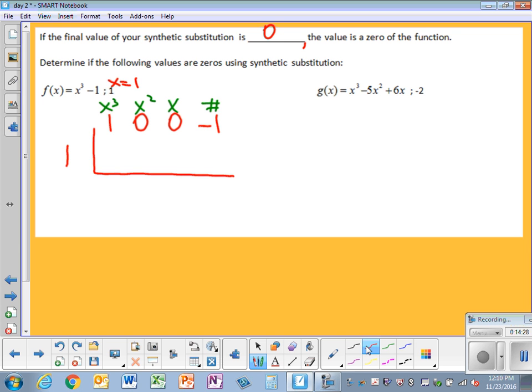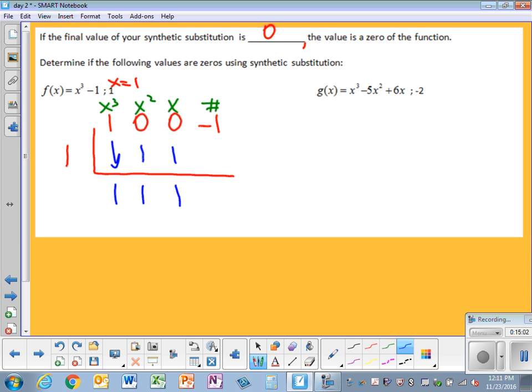Okay, so the 1 goes down, just copy the first coefficient. Now I go by diagonal. The number below the line multiplied by my x. 1 times 1 is 1. I add the numbers top and bottom in the same column. So 0 plus 1 is 1. I go on diagonal, so I multiply 1 times 1 is 1. I add the numbers in the column top to bottom. 0 plus 1 is 1.